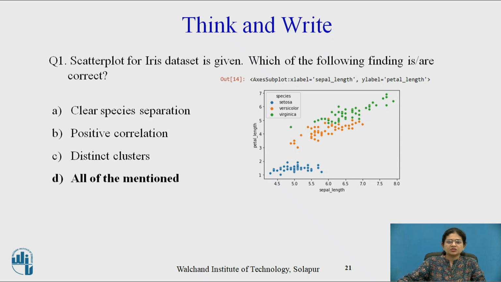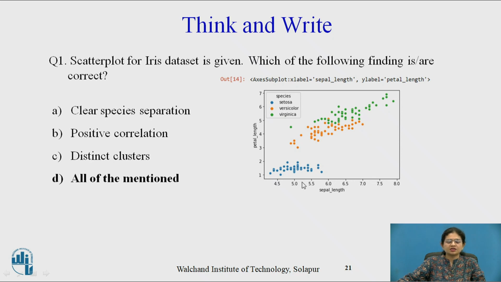Why? Because in this scatter plot, the species are clearly separated. So look at here, the blue color shows setosa, the orange color shows versicolor, and the green color shows virginica. So all three species are separated. Positive correlation, yes: once the sepal length increases, the petal length also increases. So this is positive correlation.